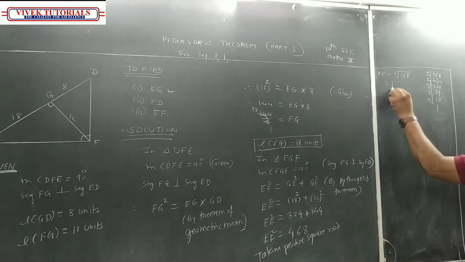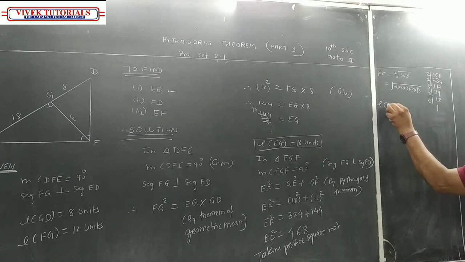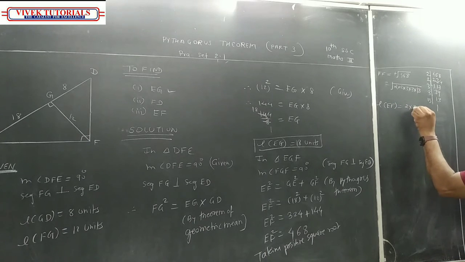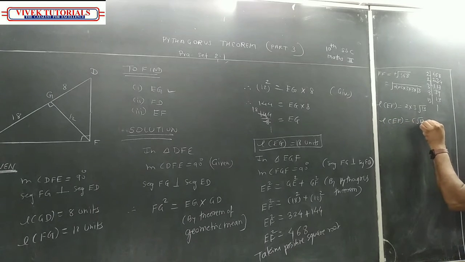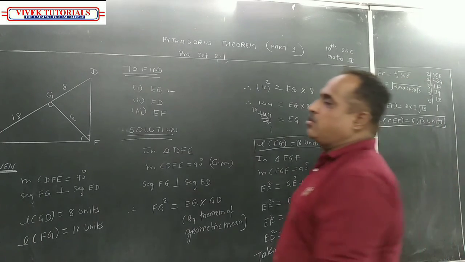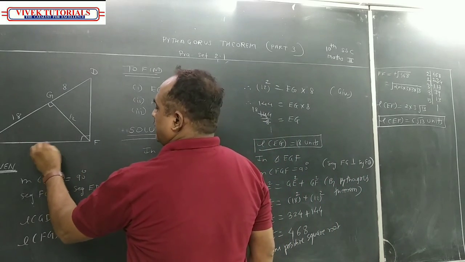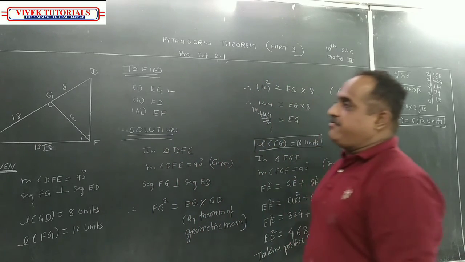So what you can write is 2 into 2 into 3 into 3 into 13. So length EF is equal to 2 into 3 into root 13, that is, length EF is equal to 6 root 13 units, which is the answer. You got it now?